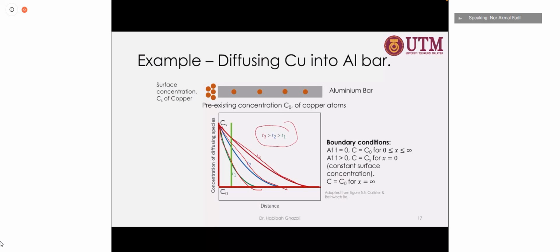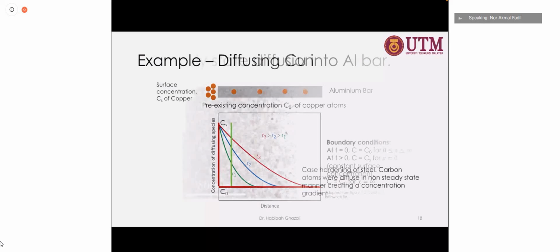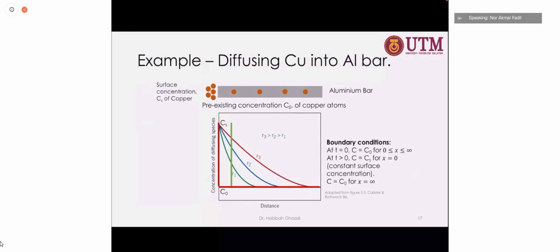So by considering this parameter, for example, diffusion of copper in the aluminum bar, it depends. Sorry, this is not time, this is temperature.